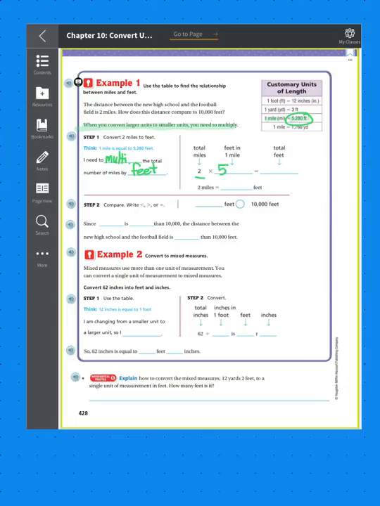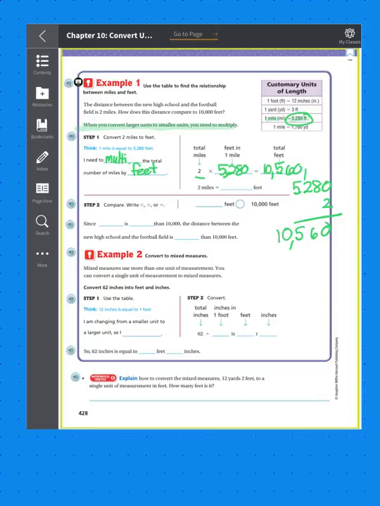There are 5,280 feet in 1 mile. And that would equal our total feet. So if you were to do that, 2 times 5,280, we get 10,560.